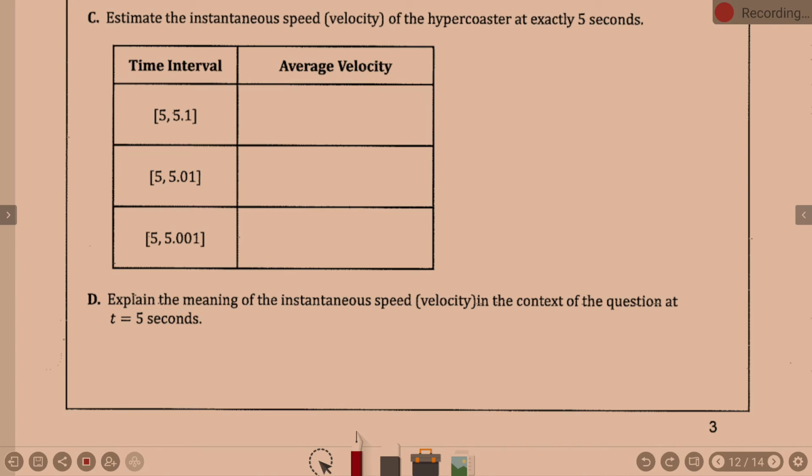Oh, I forgot the minus sign. But if you just forgot the minus sign in your original equation, or did you get it on this screen? Okay, there we go.